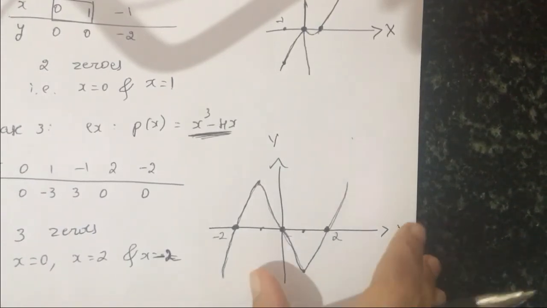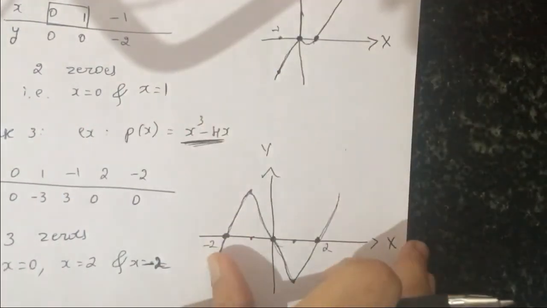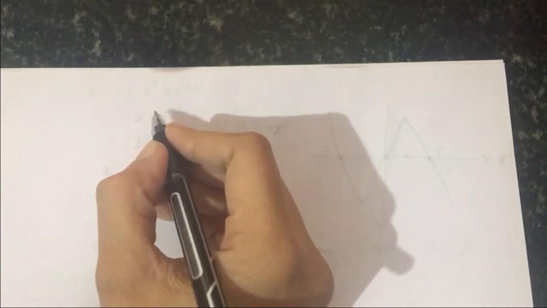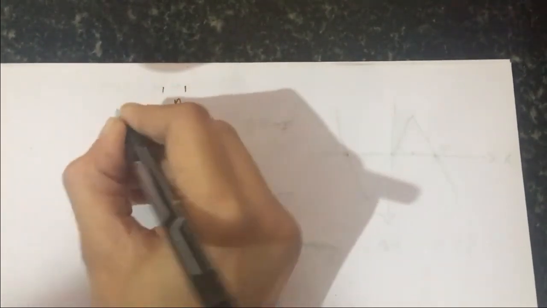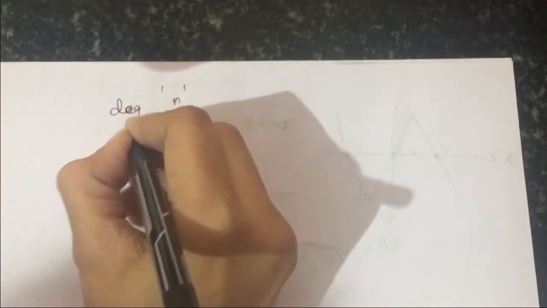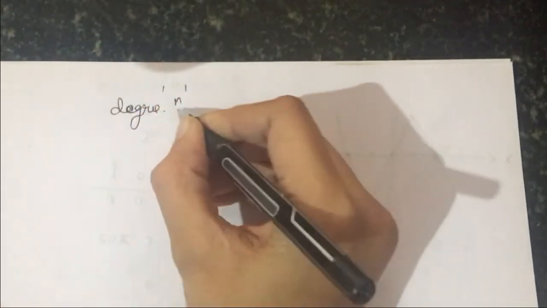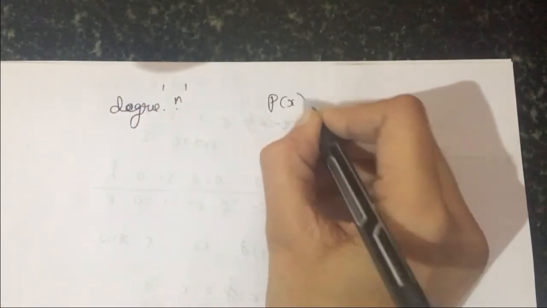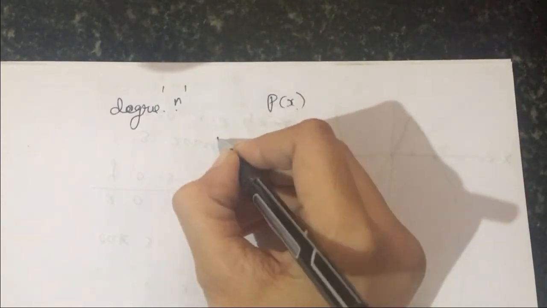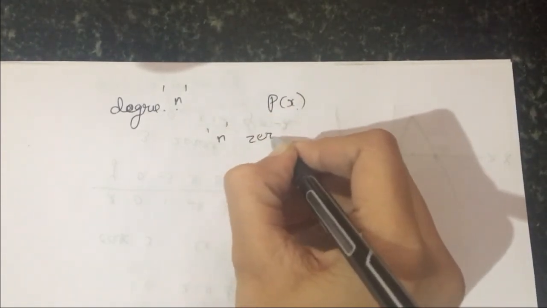Therefore, in general, see, this is for the cubic polynomial. So we studied 3 types of polynomial. How do we explain in general? In general, if you have a polynomial of degree n, then that polynomial can have at most n zeros.